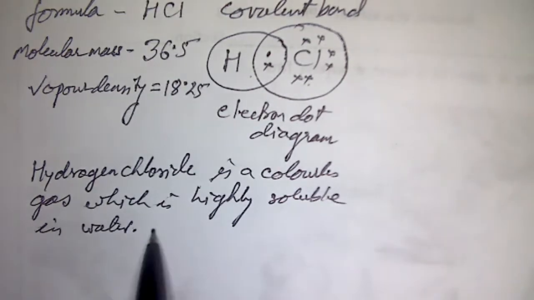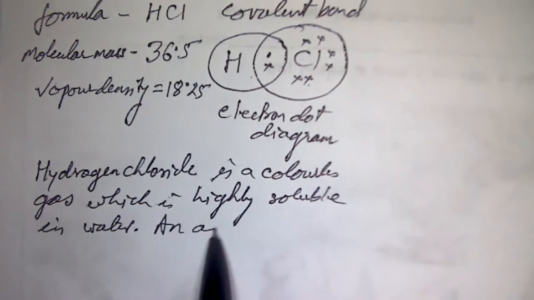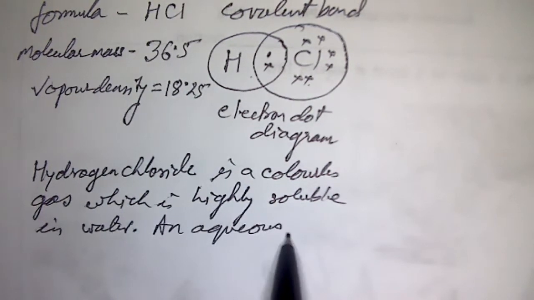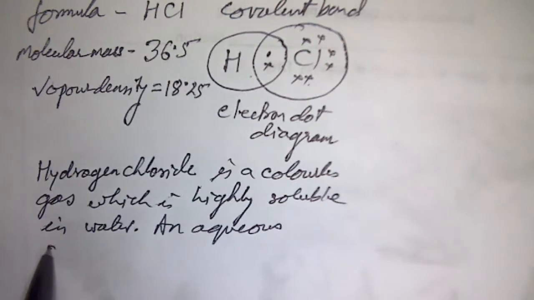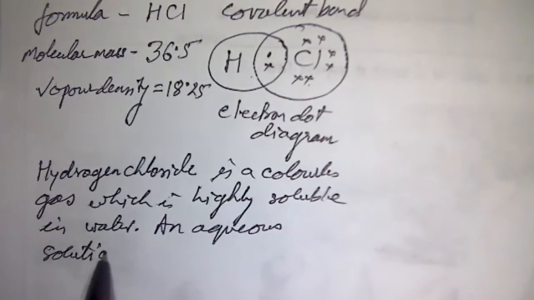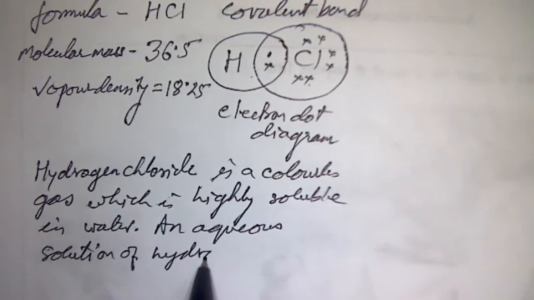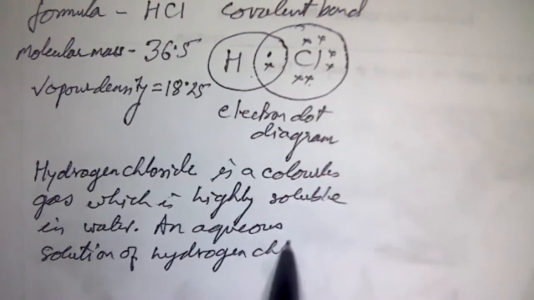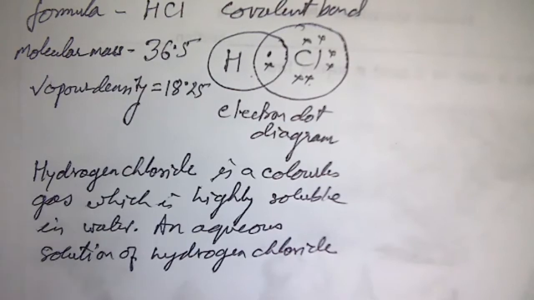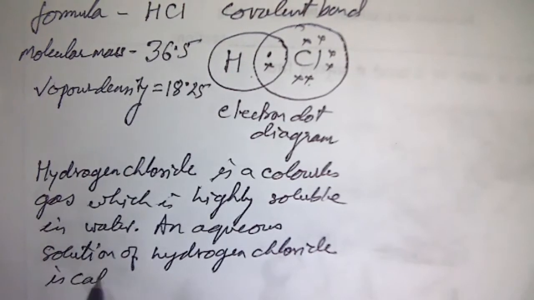So here I'll write down: an aqueous solution of hydrogen chloride is called hydrochloric acid.